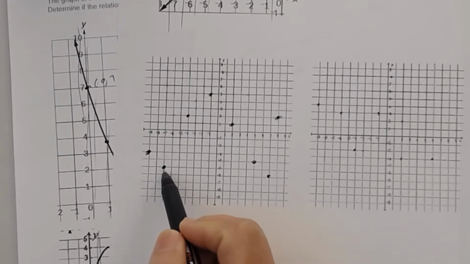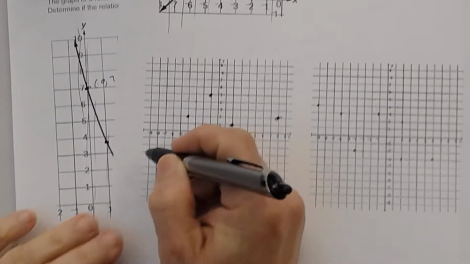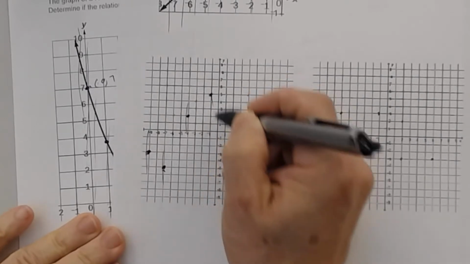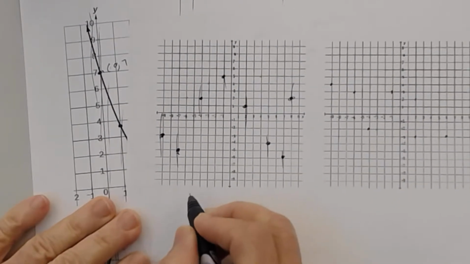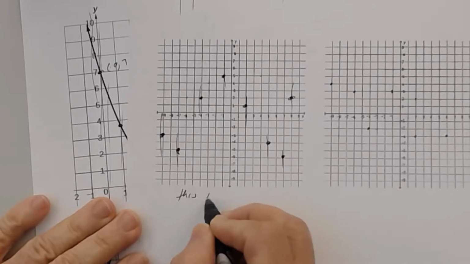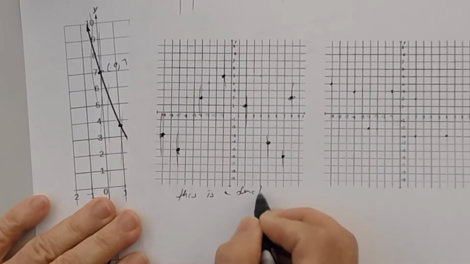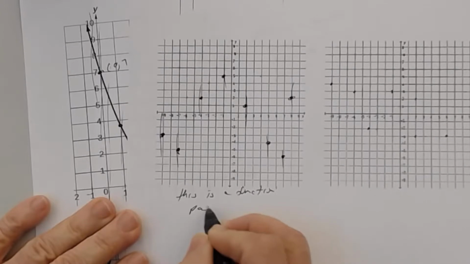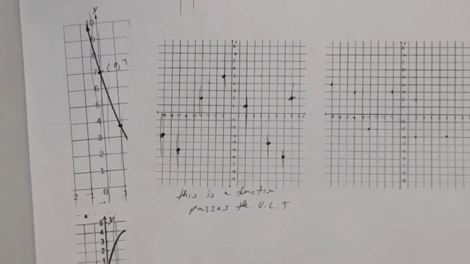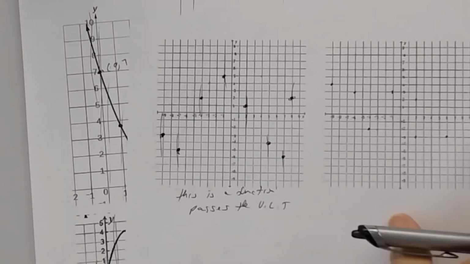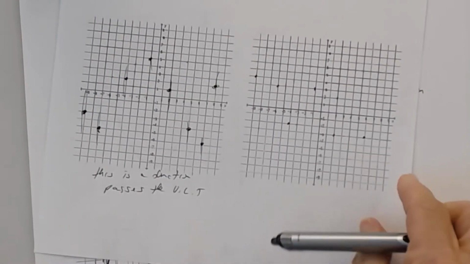So for each x, there's only what? One y value. In fact, all of these pass the vertical line test. So this is a function. So in my math lab, you're going to see one like this. So just know that that's a relation still. It's a finite set.